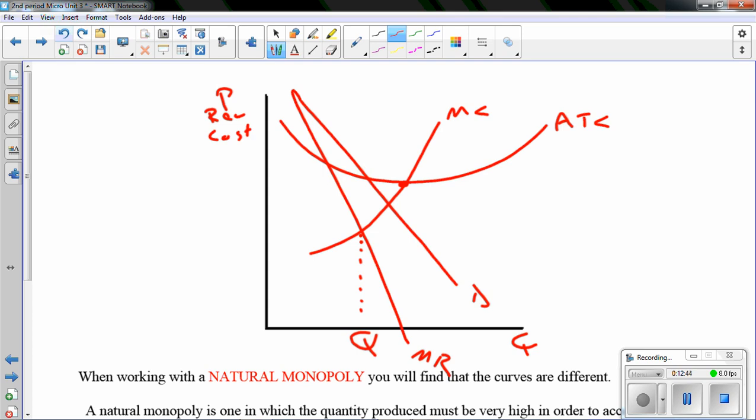So let's charge them every bit that they're willing and able to pay, because that's where price comes from. We're going to go up to the demand curve, come across. Is this firm earning a profit or a loss? How do we know? Yep, they're earning a profit because price is above the ATC. And then we can shade in our profit. This is a natural monopoly earning an economic profit.